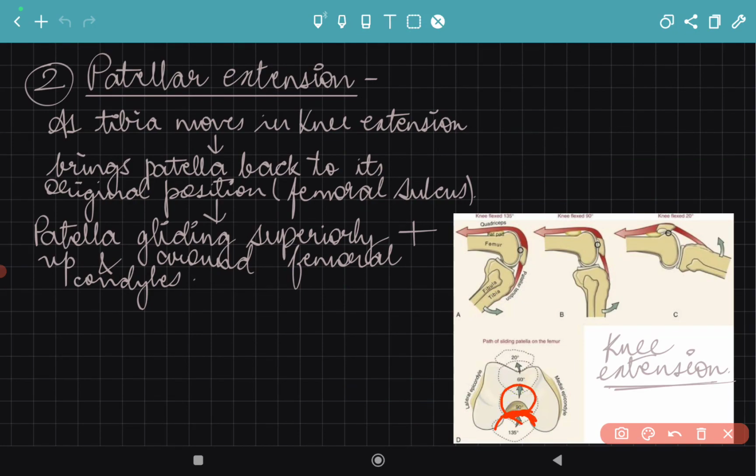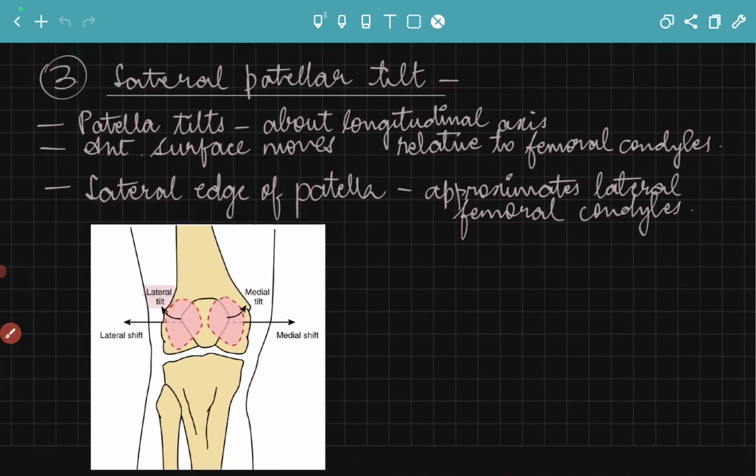Now as the knee is extending, the patella glides superiorly, finally going back to the femoral sulcus, its original position. That was about patellar flexion and extension. With knee flexion and extension, the patella will glide downwards and upwards respectively, where the tibia is moving and the femur is fixed.